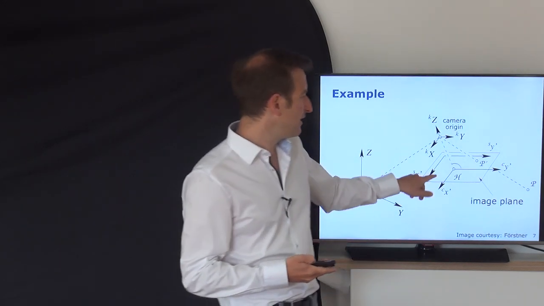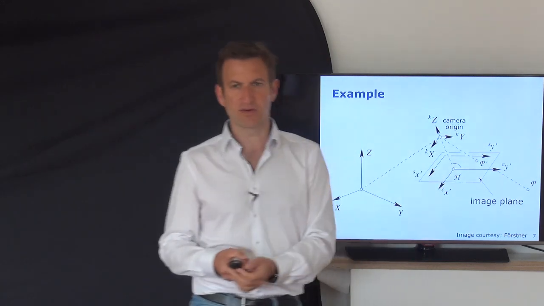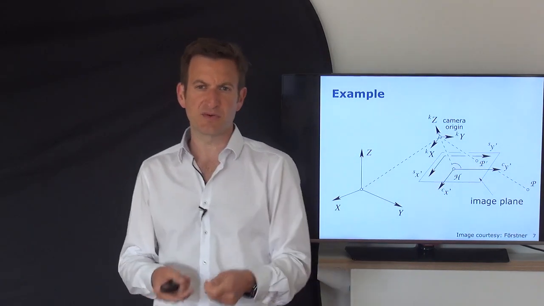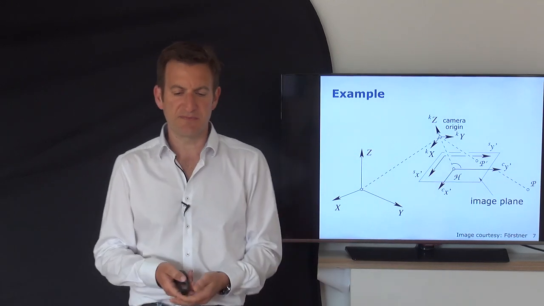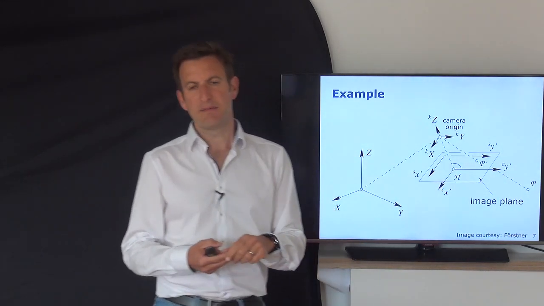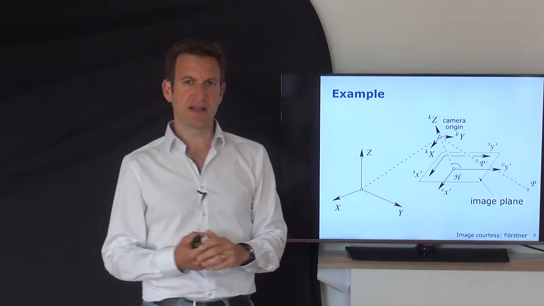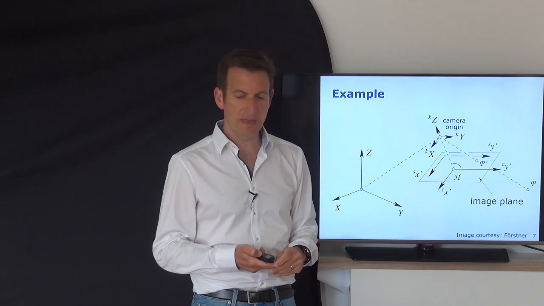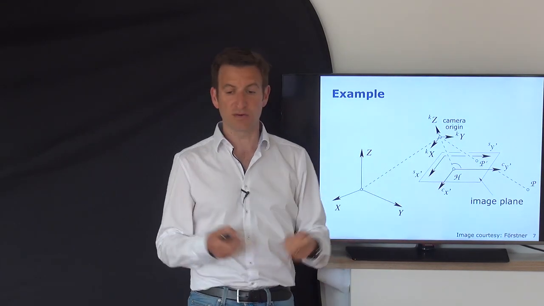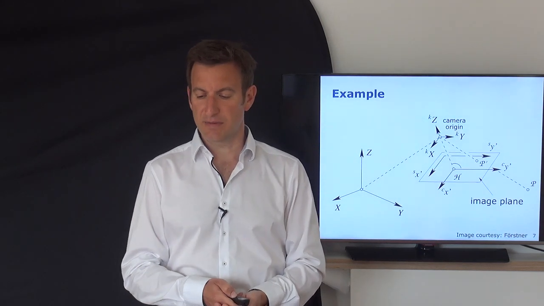And then I have a second coordinate system here, which is the sensor coordinate system. So where the pixel 0, 0 is on the sensor, on the chip, for example, which will be different from the one on the image plane, because typically the 0, 0 pixel lies on your optical axis in your image coordinate system. But in the end, we need to go to the sensor coordinate system, because these are the pixels that we actually get returned in our image.